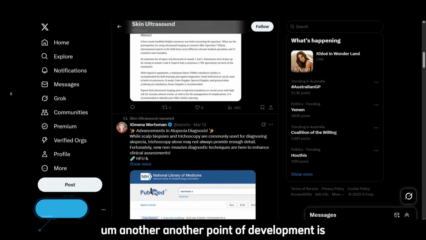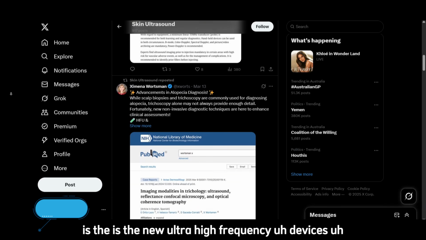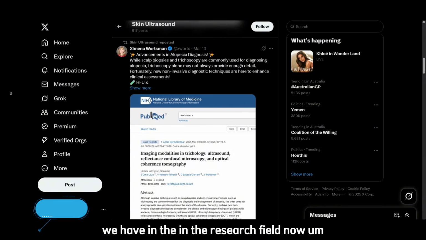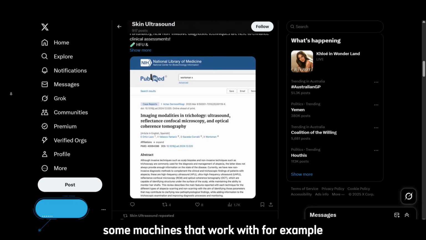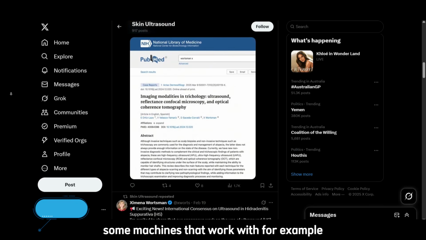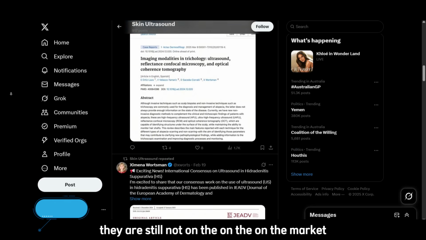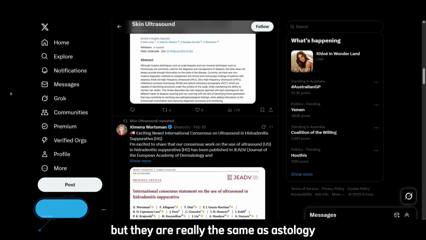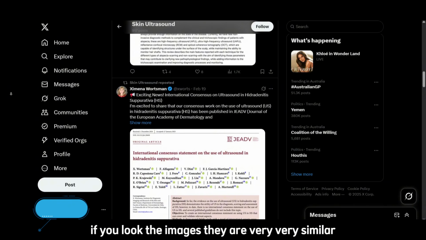Another point of development is the new ultra high frequency devices we have in the research field now. Some machines that work with, for example, 300 or 500 megahertz. They are still not on the market, but they are really the same as histology. If you look at the images, they are very, very similar.